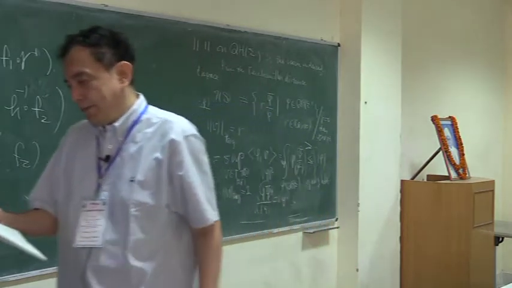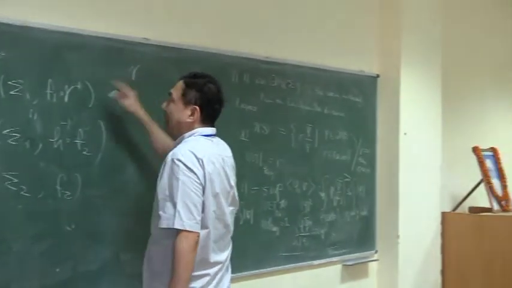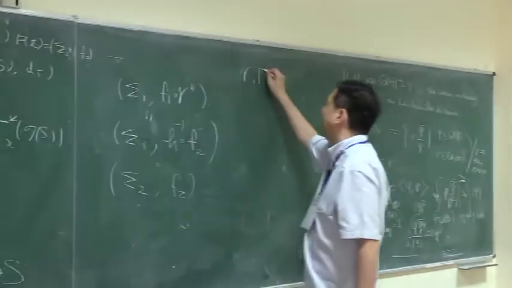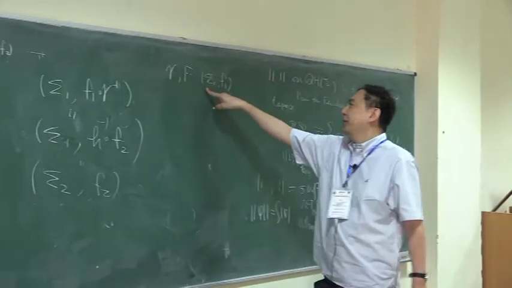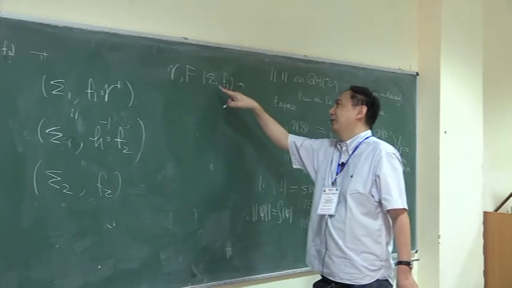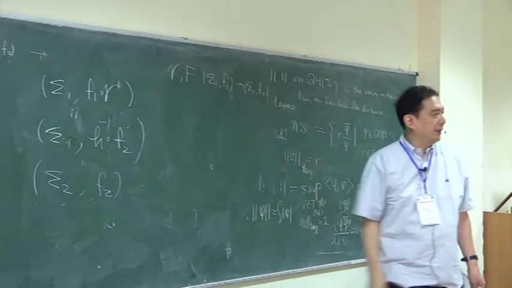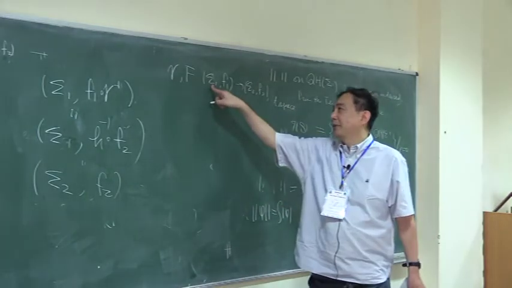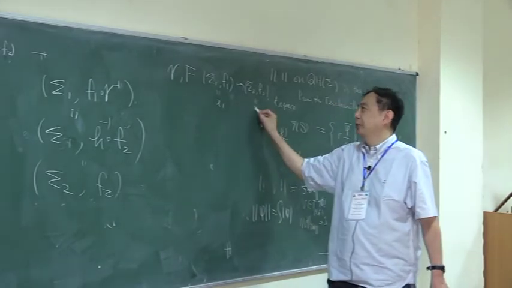So now we have gamma and we have f. Both of them send the pair (sigma 1, F1) to (sigma 2, F2). The maps send this point to the same point. So that is x1 and x2.